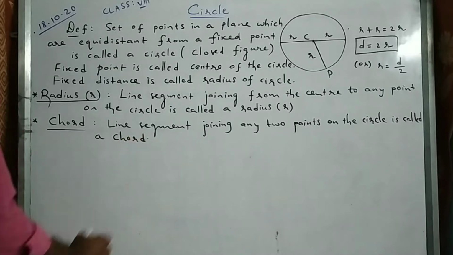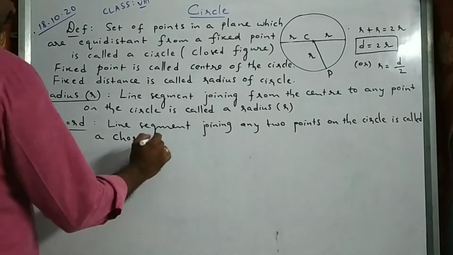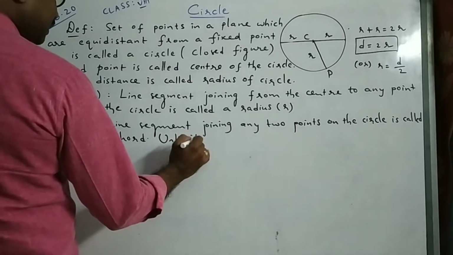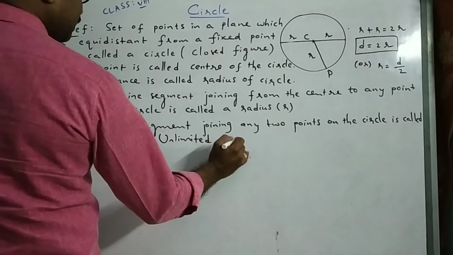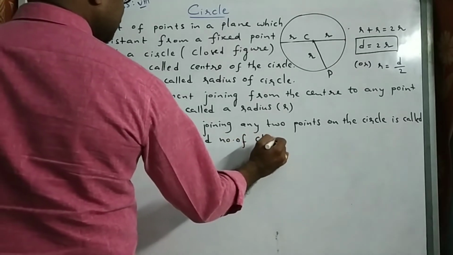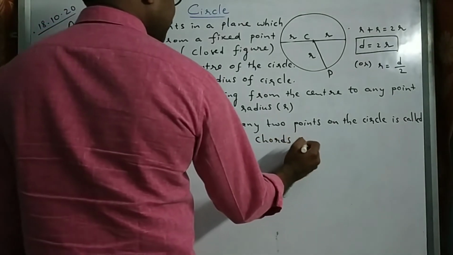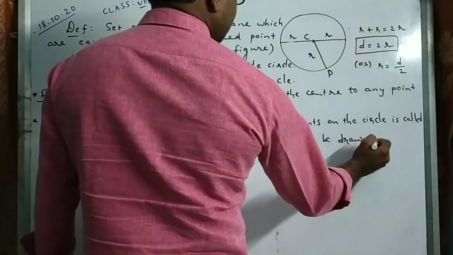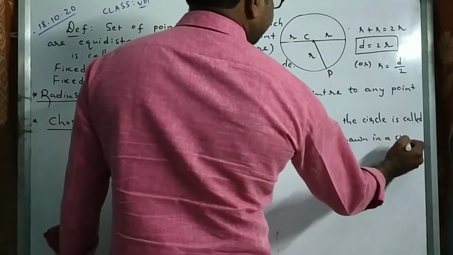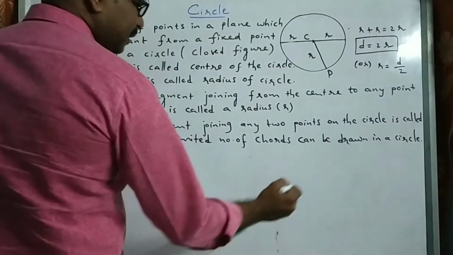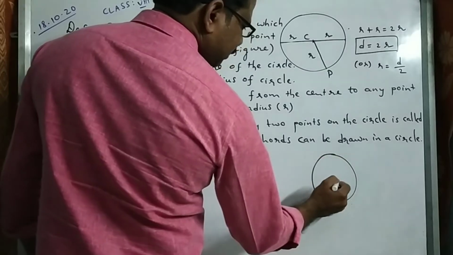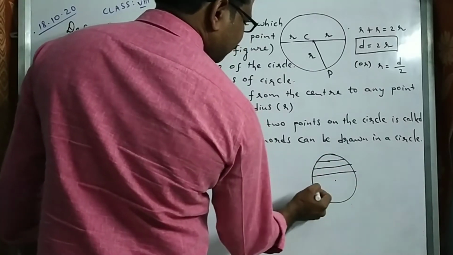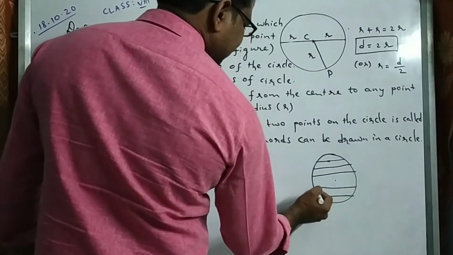How many chords we can draw? Unlimited, infinite number of chords can be drawn in a circle. Like this, suppose if it is a circle, you can draw unlimited number of chords like this.